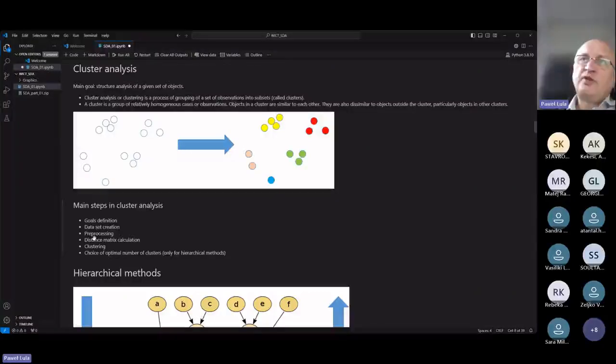Sometimes we should perform some initial operations, called preprocessing operations. They are related, for example, to normalization, to scaling our data. So all these operations sometimes are necessary. Of course, it is our decision if we want to perform these operations, for example, standardization or normalization, or not.